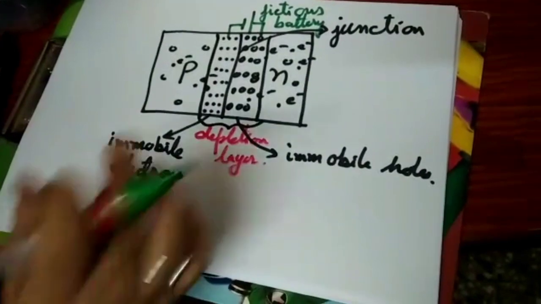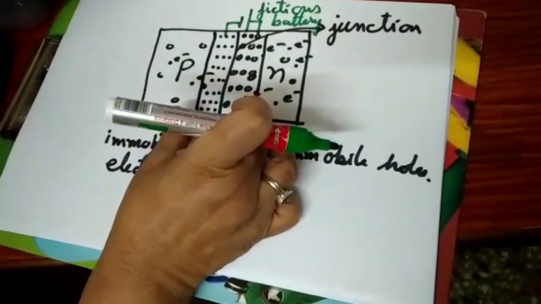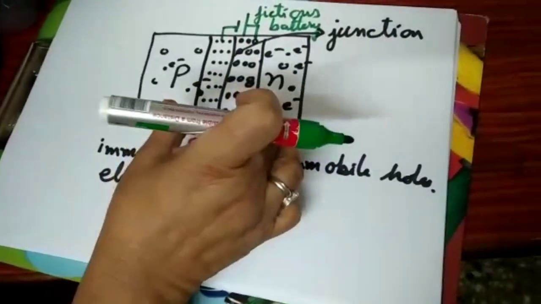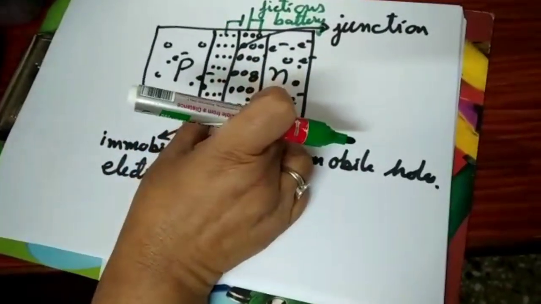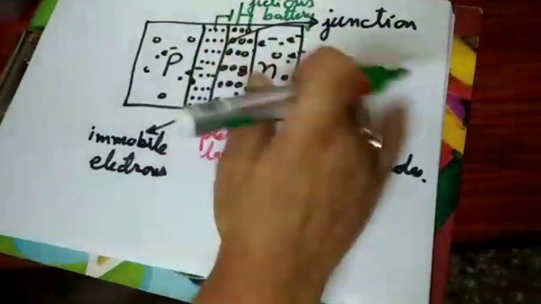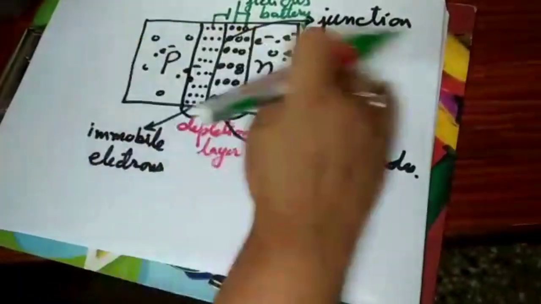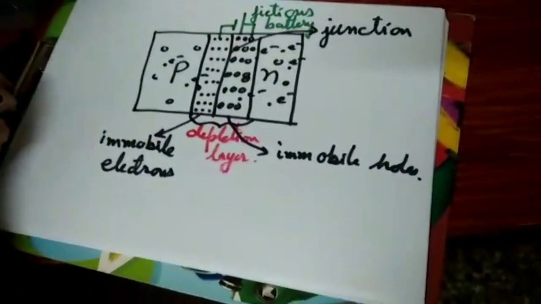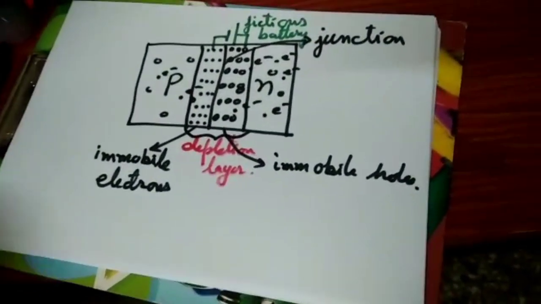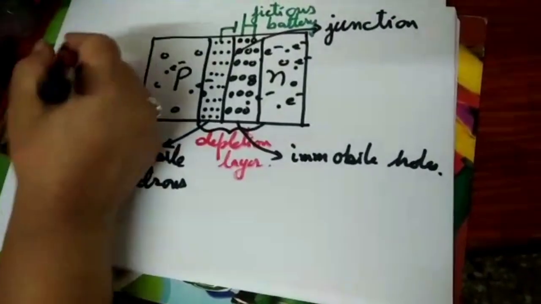Fictitious battery. Now what will happen is, this becomes a gap, or we can say a layer, due to which the mobility of the holes and electrons stops. So here we come to another concept, that is the depletion layer.